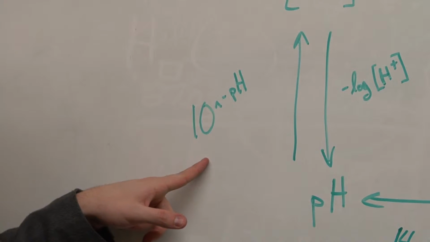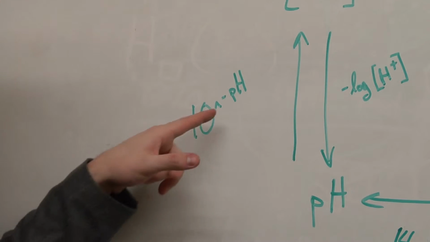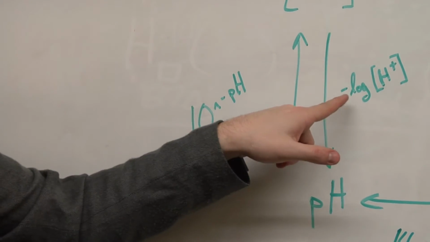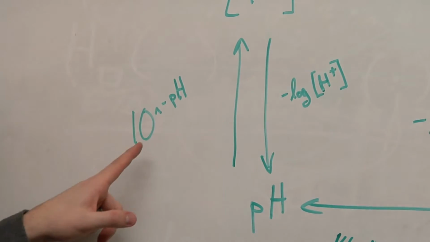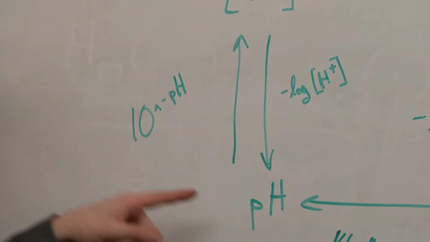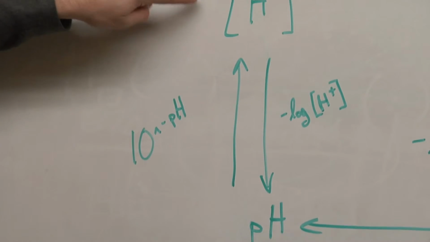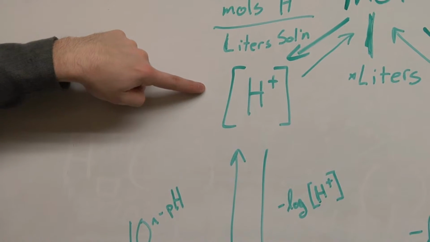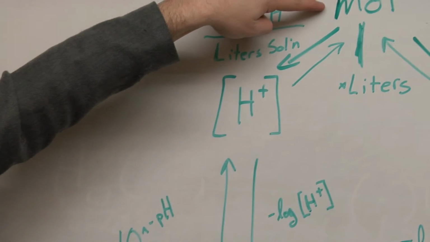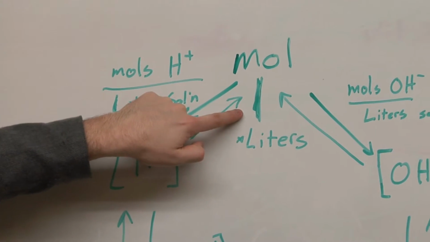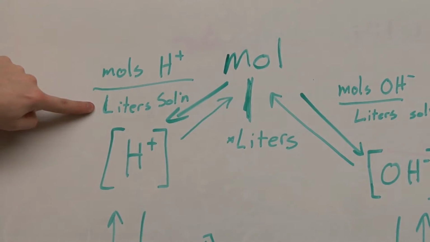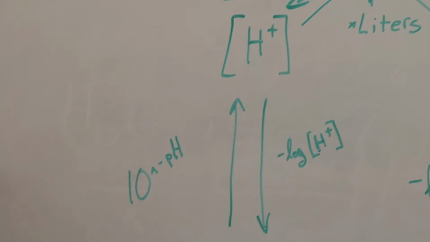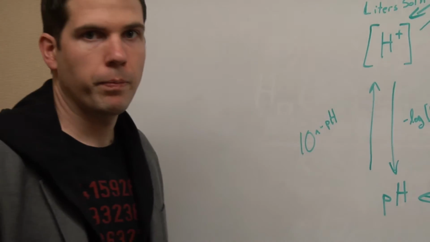Or maybe you didn't call it that, but it's 10 raised to the power of, and then the negative sign here is simply to cancel out the negative sign here. 10 raised to the negative pH will take you up and land at the concentration of hydrogen. Now, in order to go from concentration up to moles, you'll simply multiply by liters, because that's the opposite of dividing by liters. And in this way, you can travel anywhere you want on the left side of this map.